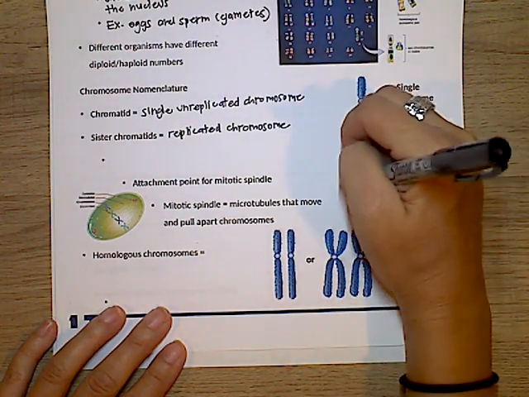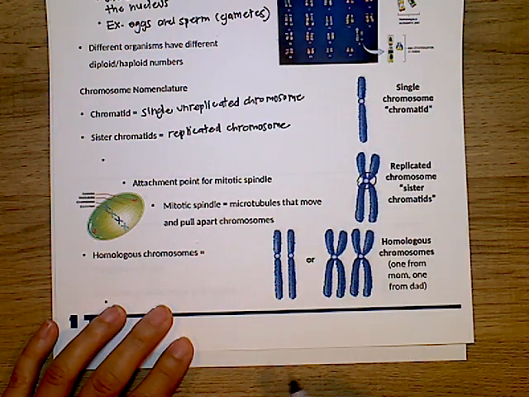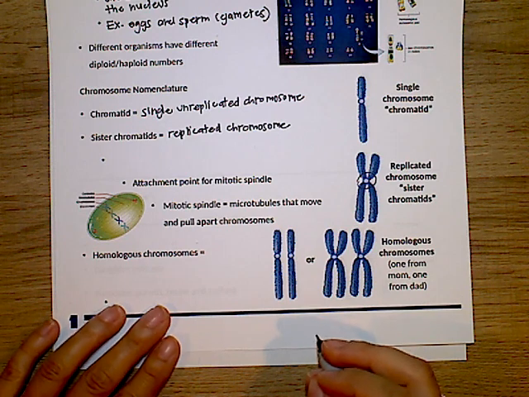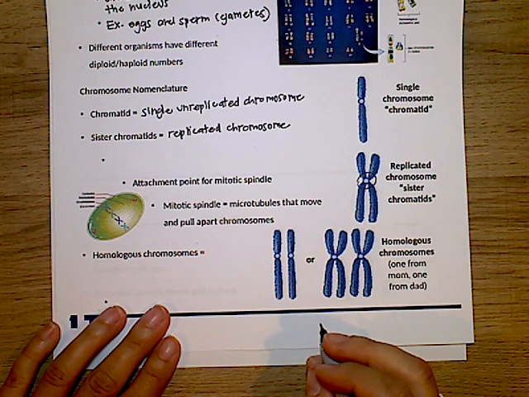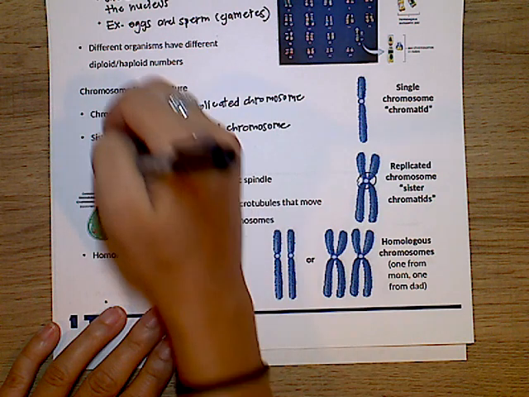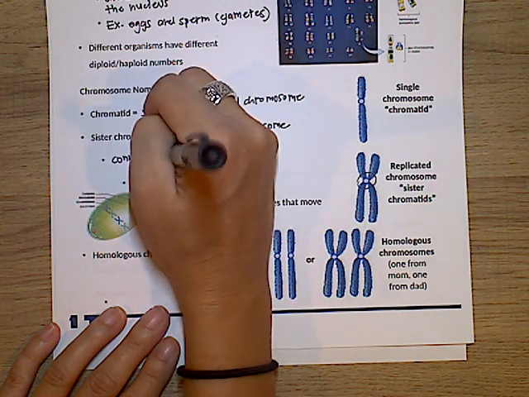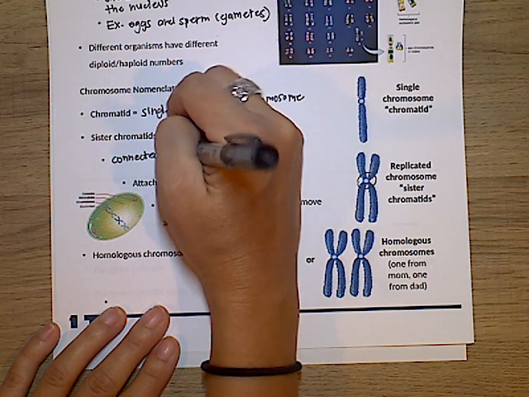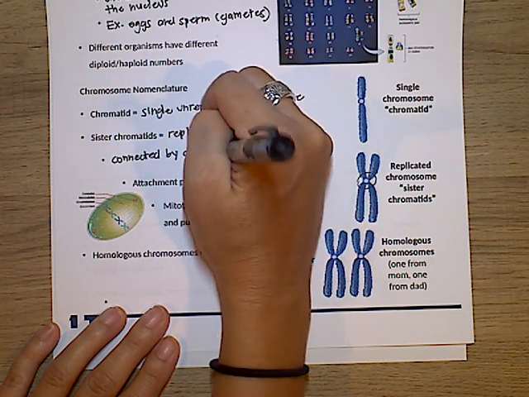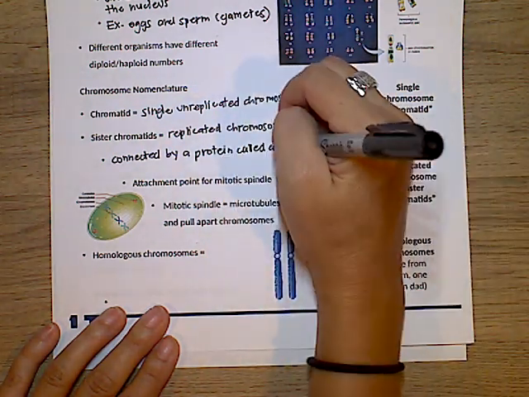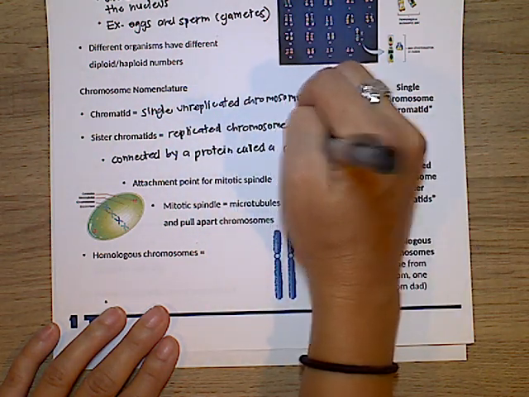And this structure right here is called a centrosome. Or sorry, centromere. Connected by a protein called a centromere.